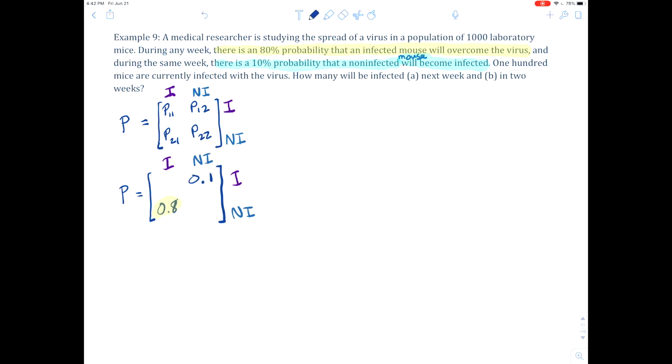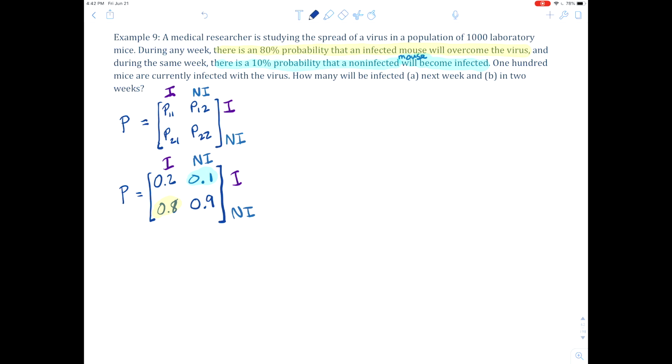It would start non-infected and then it would switch to infected. Cool, cool? And so that's where we got that information. Now, how do I get the other two? Well, I know each column has to sum to 1, right? And so this one has to be 0.2 and this one has to be 0.9 in order to get these columns to sum to 1.